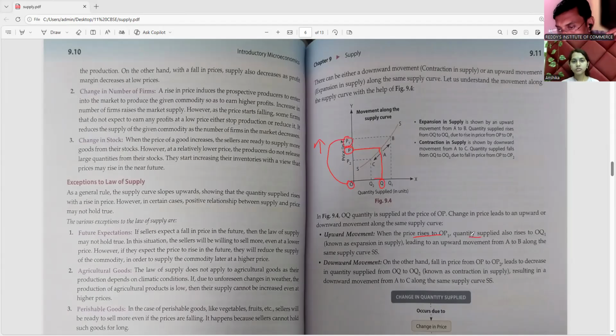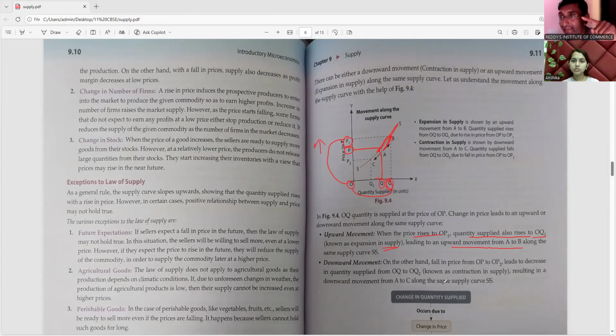It is known as expansion in supply, leading to the upward movement from A to B.